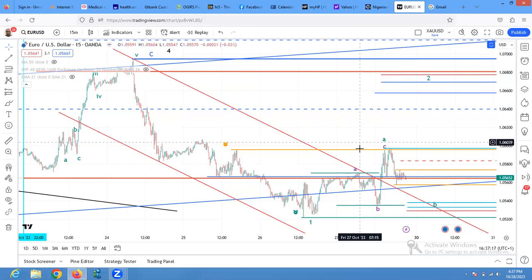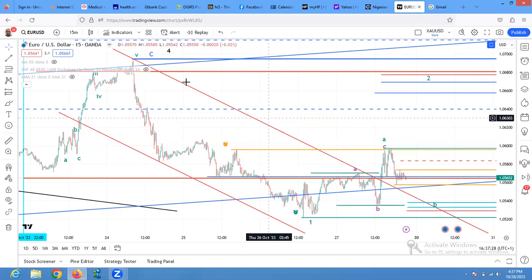We're going to break this structure. Breaking this structure does not mean that we are going to break the top. No, just breaking this structure. This is a corrective wave. It's highly corrective, and that's what we are seeing here.